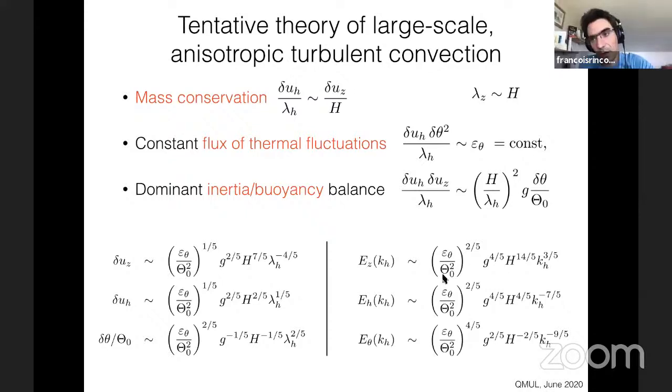I'm trying to be a bit of a salesman here because I'm very excited with the fact that I've solved some of my own questions which I had for so many years, but I don't have a guarantee that this is okay, right? I think this makes sense physically. There's some consistency with observation. It makes sense in the context of the analysis of the numerical simulation I showed you. But nobody has checked that so far with simulation, and I can't do that with my old simulation because I don't have the data anymore. So I would have to redo them, and unfortunately, I didn't find the time to do that so far.